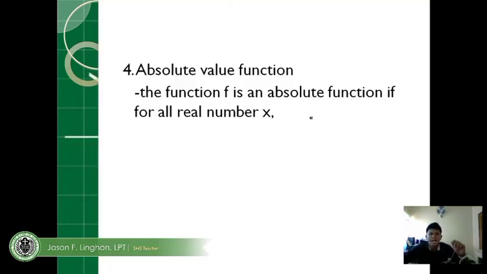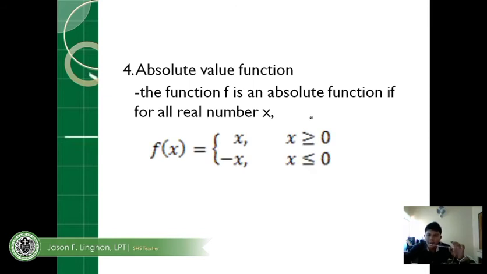Okay, next. Absolute value function. So the function f is an absolute function if for all real number x, f of x is a subfunction of x wherein x is greater than or equal to 0 and negative x where x is less than or equal to 0.